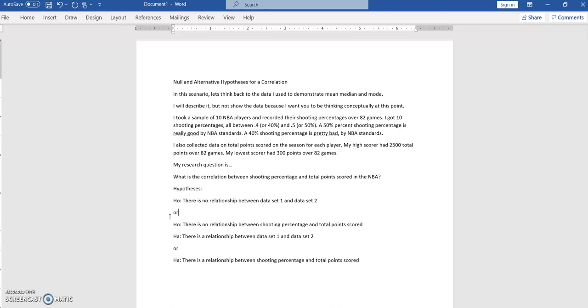So maybe in this case I could think about, well, supposing there is a correlation here between shooting percentage and total points, is shooting percentage alone enough to really increase the likelihood, or would shooting percentage and maybe overall athletic ability, the combination of those things, maybe have even a higher correlation? So we often stack variables and we look at ways to find what's most important when we're using correlation work.